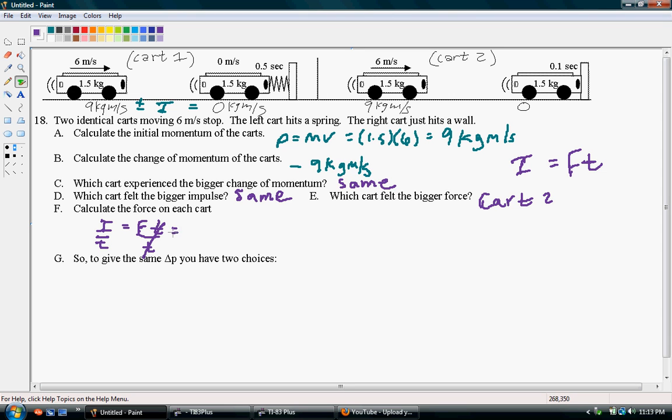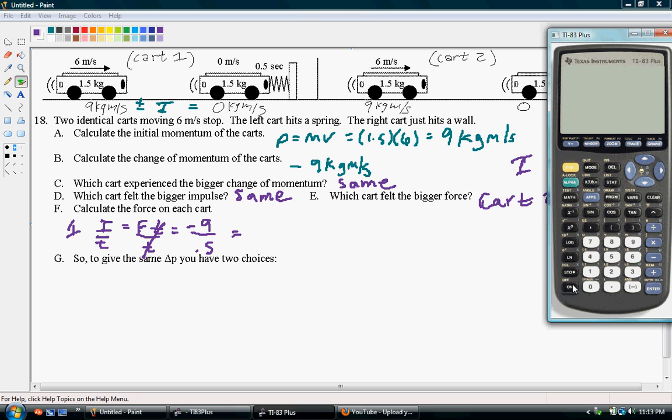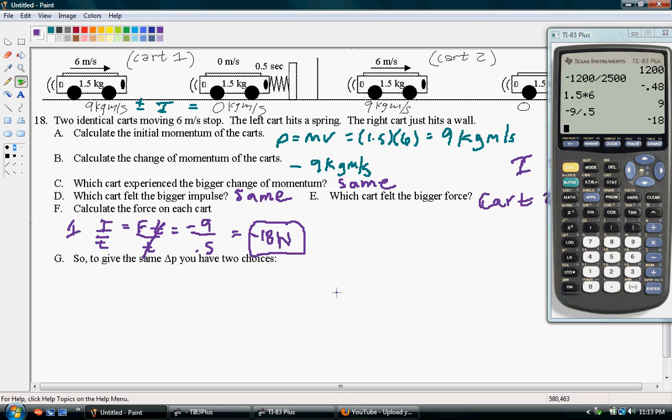Okay, so our impulse was negative 9, and our time for cart 1 is 0.5 seconds. And when we divide that out, negative 9 divided by 0.5 is negative 18. So we end up with negative 18 newtons for the cart on the left side, cart 1.